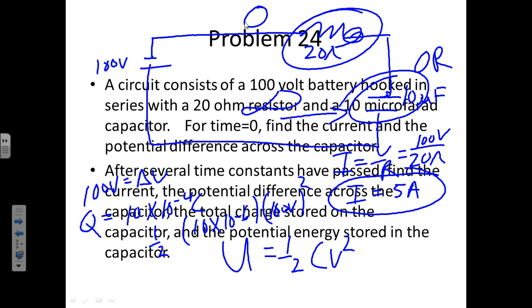Multiply this out, so let's go 100 squared times 10 times 10 to the minus 6 divided by 2. And we end up with not a whole lot of energy stored here. We end up with U equals 0.05. And if we use all the right units, if we use coulombs and farads and volts, we should get what energy units? Joules.